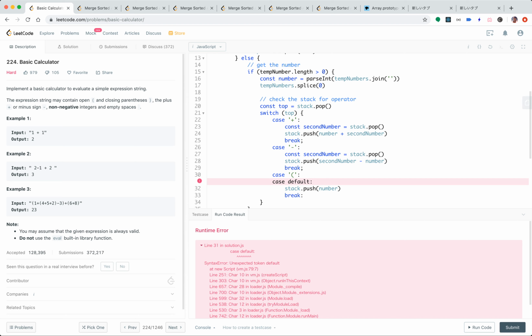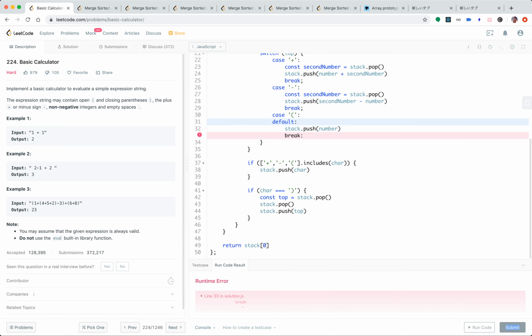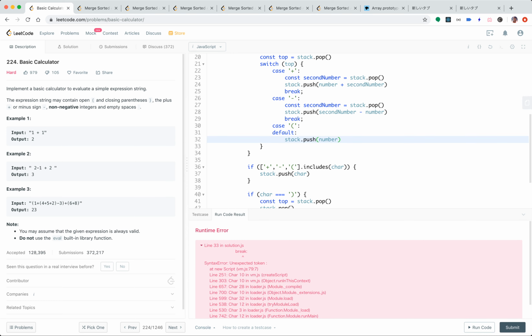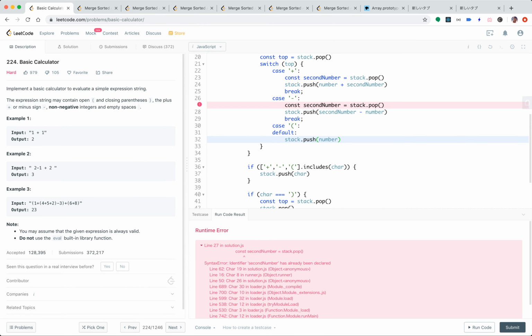Unexpected token default. There's no case default. Break. What? Unexpected token break. Unexpected token. I don't know why. Second number.